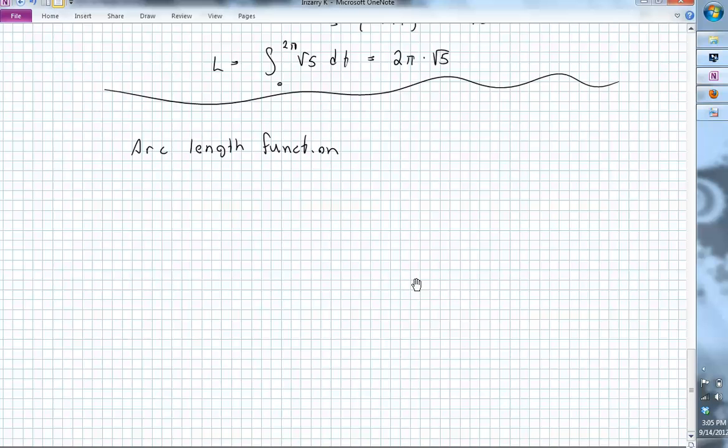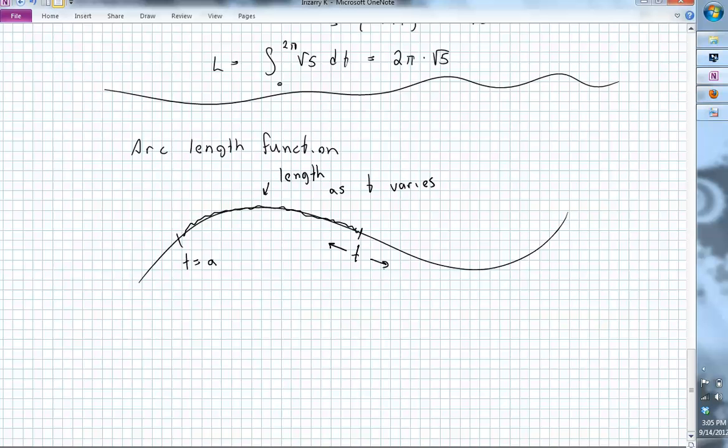And here, what you do is you have your generic curve, you have your starting point, t equals a, and we have some intermediate point, t. And we want to know the length of this as t varies. So maybe I want to wiggle this t back and forth a little bit, right? If I move this t backwards this way, the arc length is going to get smaller. And if I move it down that way, it's going to get longer.